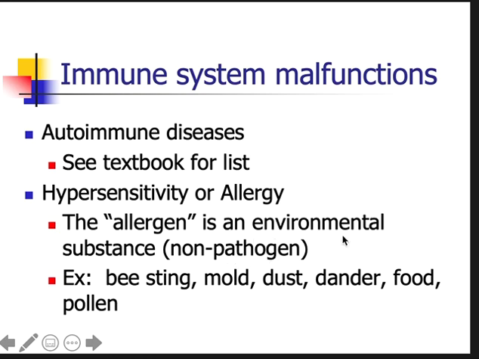Something like venom from a bee, mold particles, dust particles, dander, skin of animals. It could be food even. A lot of people have been hearing about gluten. For some people, very few, but some people actually have an actual allergic reaction to gluten.